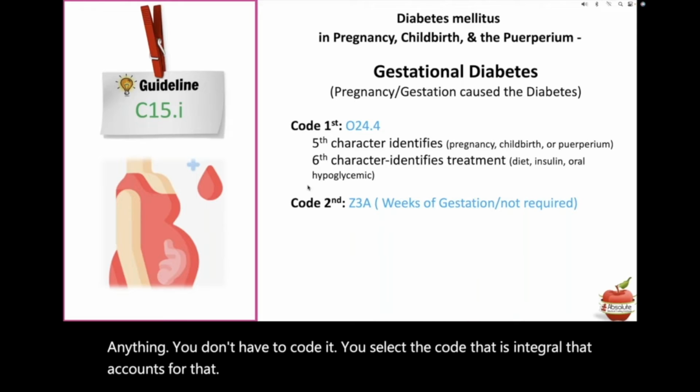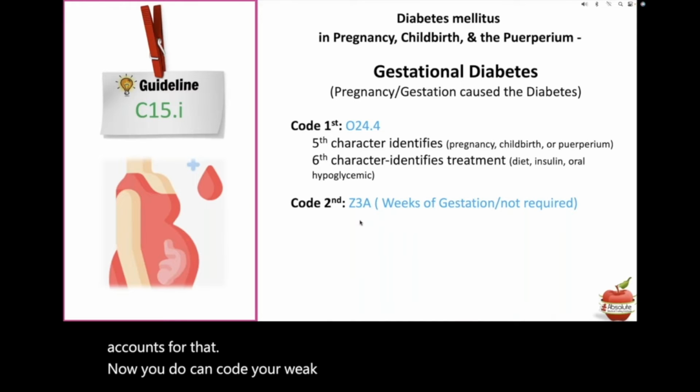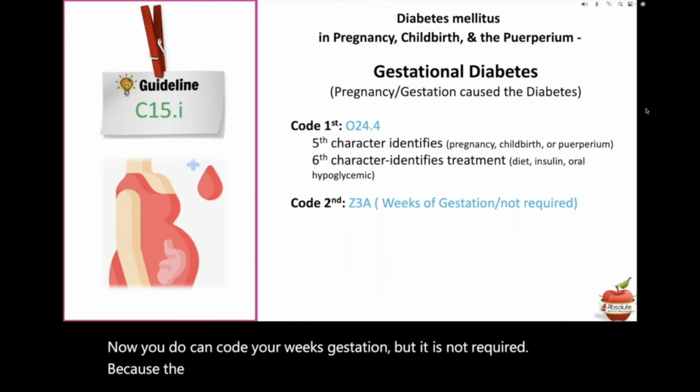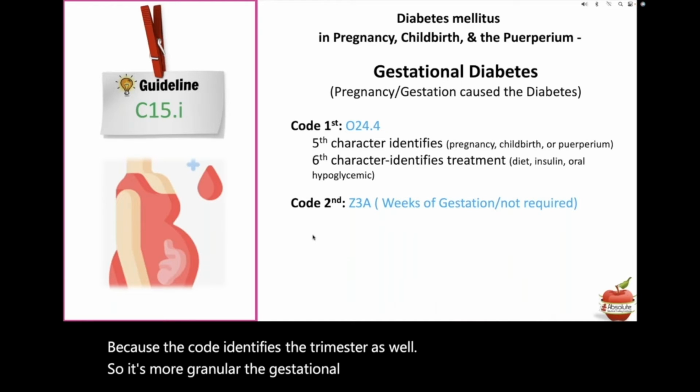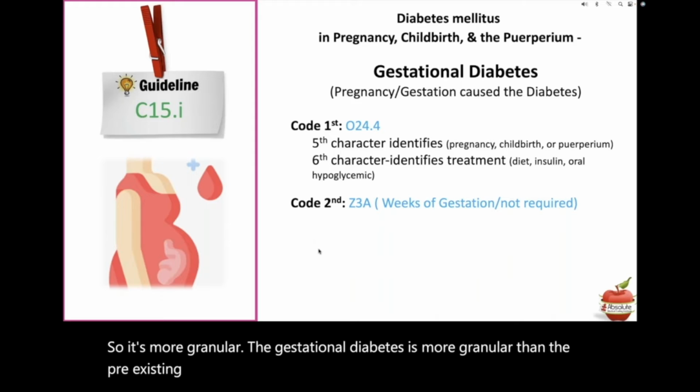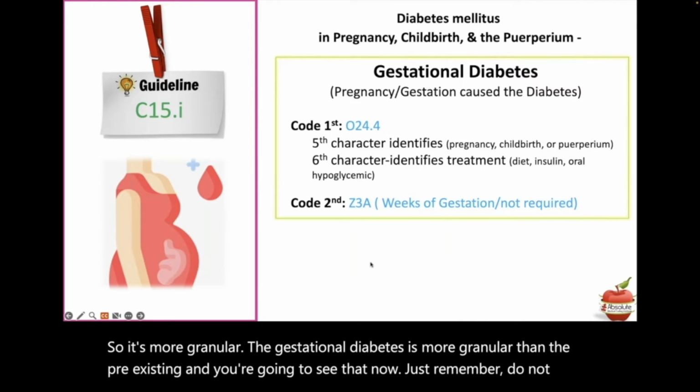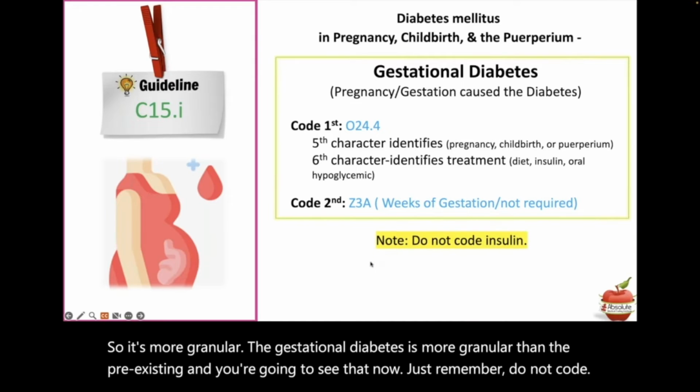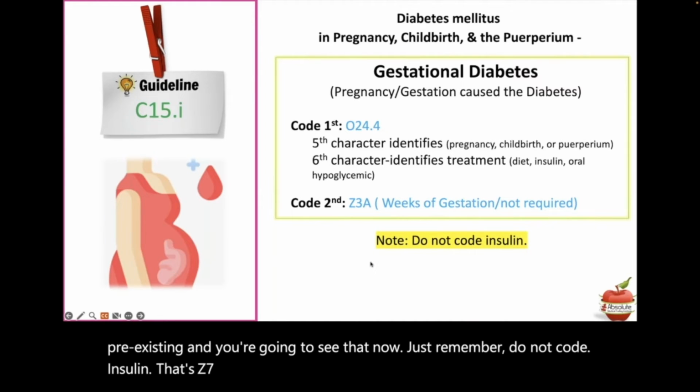Now, you can code your week's gestation, but it is not required because the code identifies the trimester as well. So the gestational diabetes code is more granular than the pre-existing, and you're going to see that. Now, just remember, do not code insulin, that's Z79.4. Don't code anything additional because they are integral to the code.